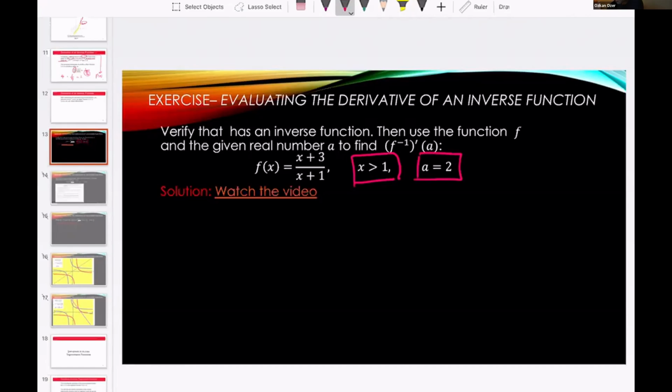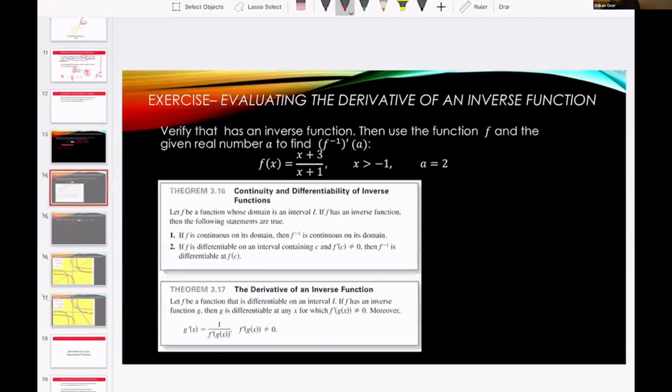In other words, I'm being asked to find the derivative of the inverse function at 2. Using the formula here, f inverse prime at 2 has to be equal to 1 over f prime of f inverse of 2.